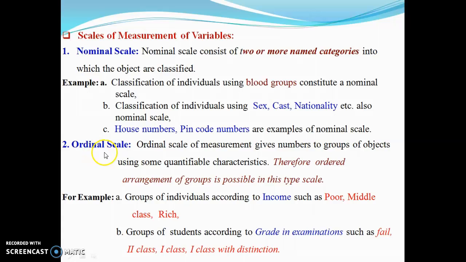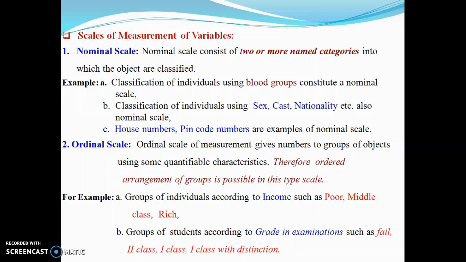Now the second one, ordinal scale. Ordinal scale of measurement gives a number of groups of objects using some quantifiable characteristics. Therefore, ordered arrangement of groups is possible in this type of scale.